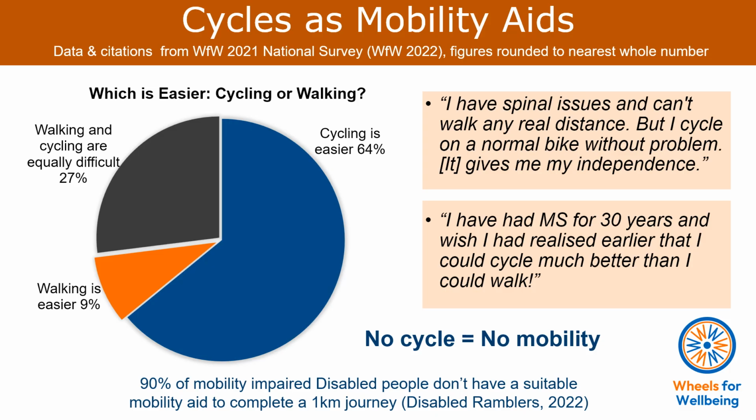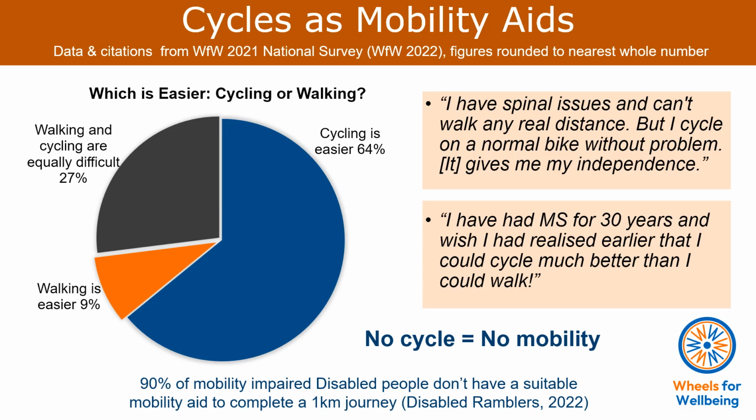And we always reference this in relation to the research done by Disabled Ramblers, who, on analysing a range of different data sources, found that 90% of mobility impaired disabled people don't have a suitable mobility aid to complete a 1 kilometre journey.